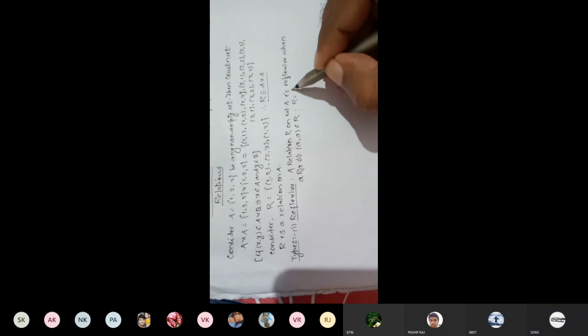From the previous example, consider R equal to 1, 1, 2, 2, 3, 3, then it is a reflexive relation.